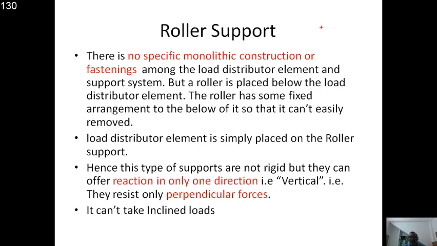If I place a roller on the vertical surface, if I place the roller here, so what happens? It can move in the horizontal direction, right? It can move in that, but it gives the resistance. It has the capability to give the resistance which is coming from here. Hence, it has the resistance in the perpendicular direction.